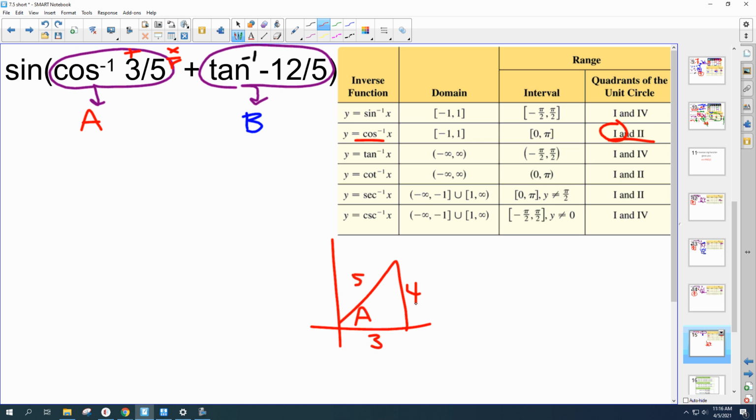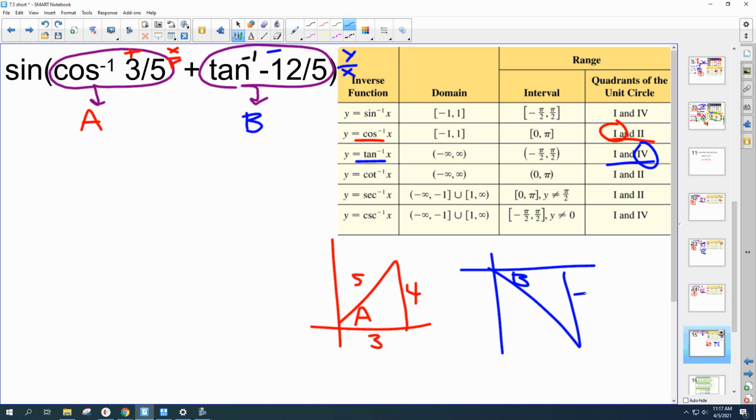Okay, I'll hold up on that, I'm going to look at my other picture. Angle B is a different picture, it's a different angle. So what quadrant must I be in? It's got to be in 4, because this is negative, right? That's negative in quadrant 4. So I can draw a picture of angle B in quadrant 4. So my tangent ratio, I know tangent is y over x.